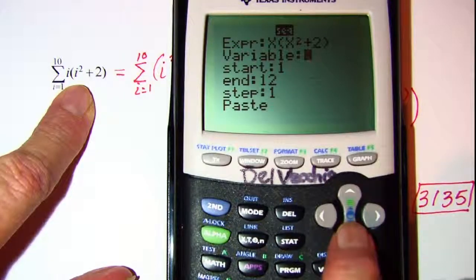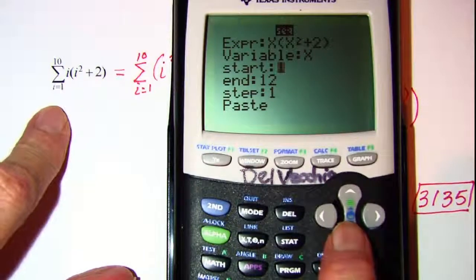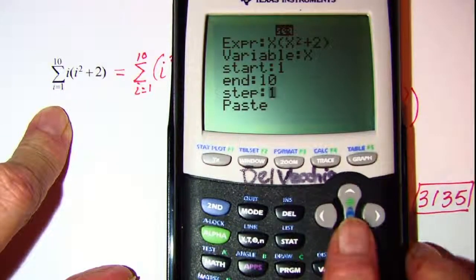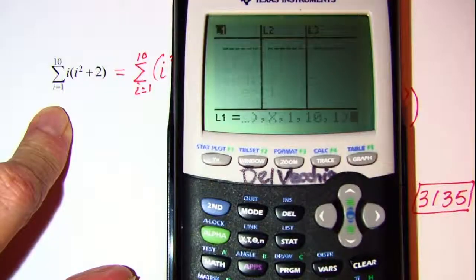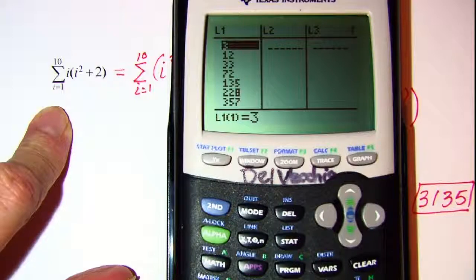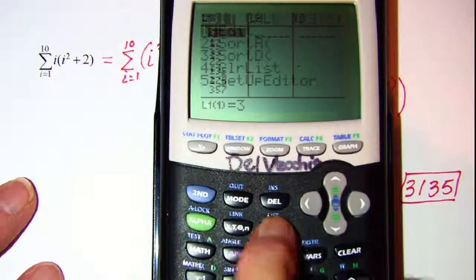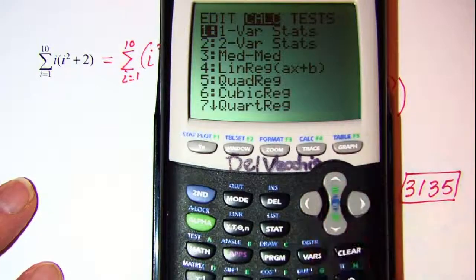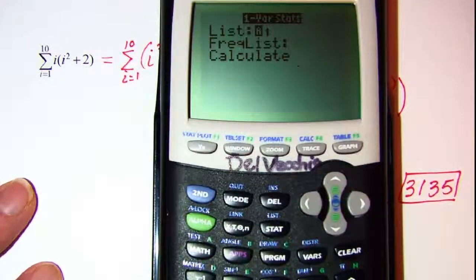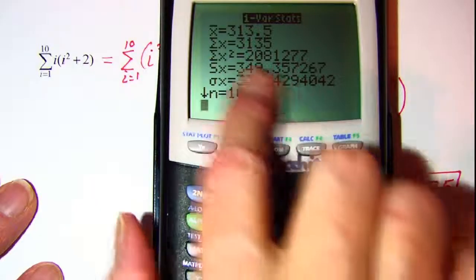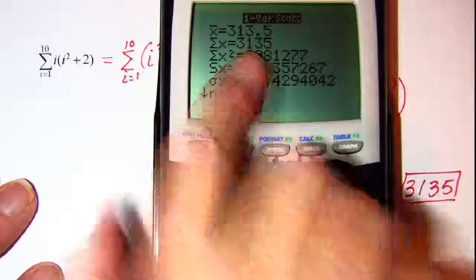My variable is x. I'm starting with 1 and I'm ending with 10. And I'm stepping with 1. Paste. And then press enter. Alright, then if I do a stat calculate and then choose one variable statistics on my list 1 and calculate, I can see that my sum is 3,135.